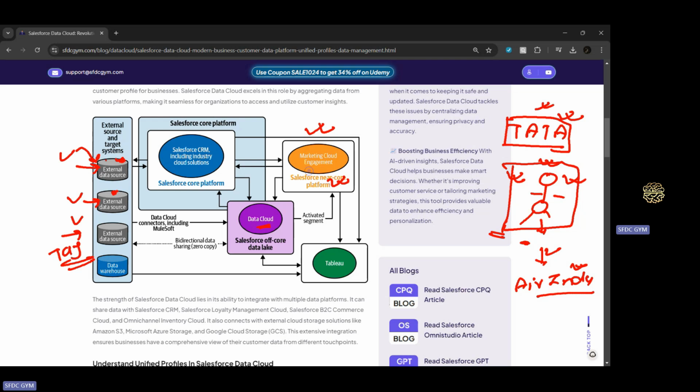There could be multiple customers' data staying here, here, and here, right? How, as a Data Cloud architect, will you design a system which identifies, hey, all the data which is stored in these multiple platforms is talking about the same customer?